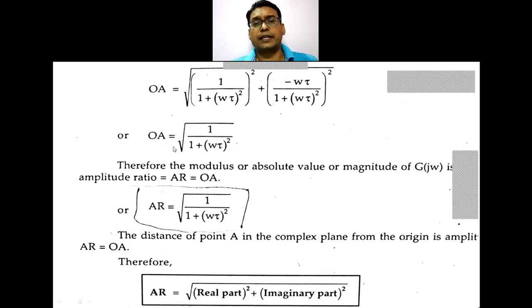So OA comes as 1 upon root of 1 plus omega square tau square. So this is nothing but your amplitude ratio. Amplitude ratio is 1 upon root of 1 plus omega square tau square. So amplitude ratio is defined as under root of real part square plus imaginary part square.